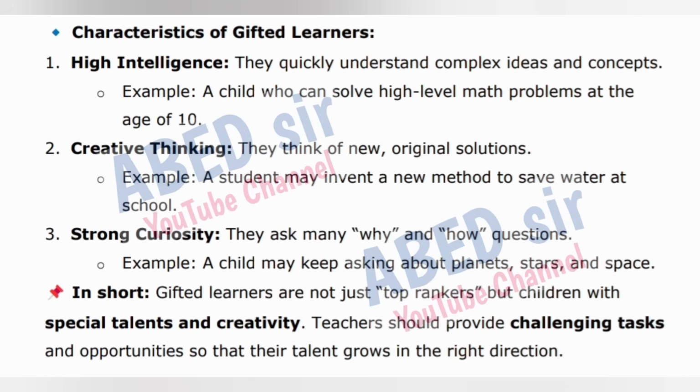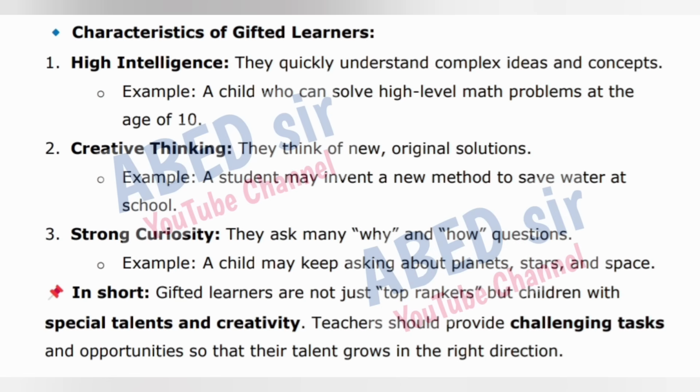High intelligence. They quickly understand complex ideas and concepts. Example, a child who can solve high-level math problems at the age of 10. 2. Creative thinking. They think of new, original solutions. Example, a student may invent a new method to save water at school. 3. Strong curiosity.